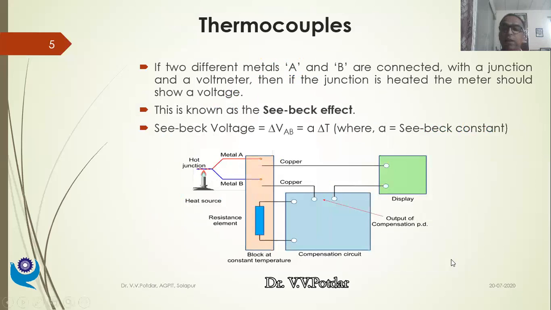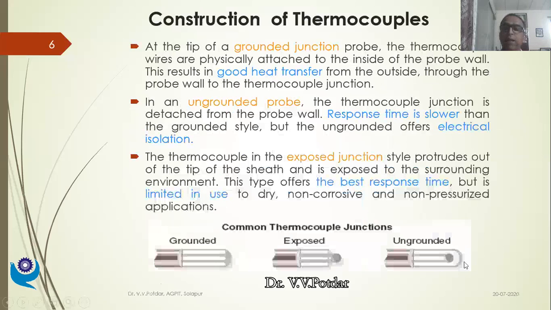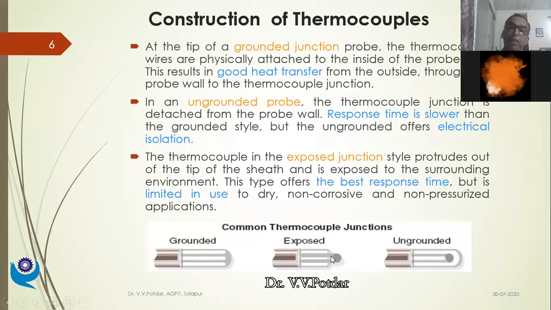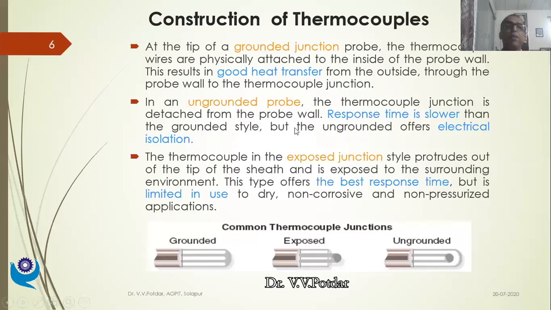Ungrounded means this junction is not touching the earthing, so that is ungrounded. The second one is exposed directly to the temperature source. And the third one is grounded, meaning this junction is touching the ground terminal. All three varieties have different advantages and different limitations.